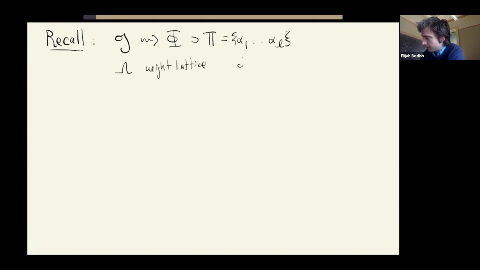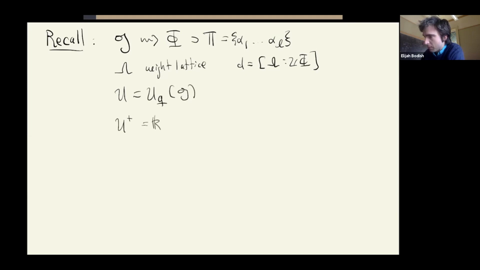And I was writing D for the index of the root lattice in the weight lattice. We had the quantum enveloping algebra, which we were writing as U as usual. And inside of that, we had U plus, which was the subalgebra generated by the E alphas, and U minus, which was the subalgebra generated by the F alphas.